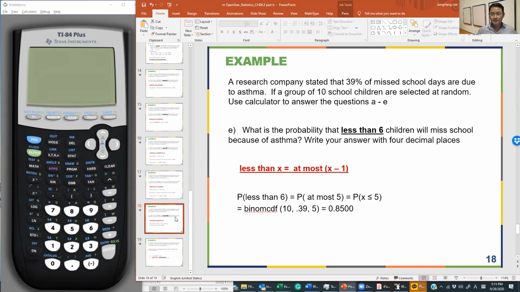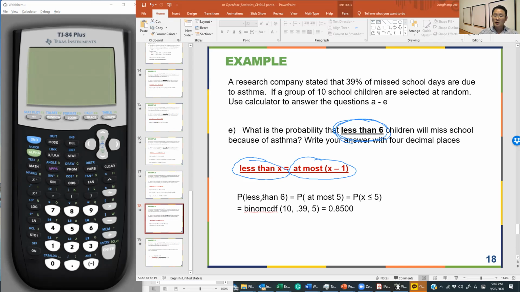What about this? What if the question says find less than 6? How do you find less than 6? Well, less than x is the same thing as at most x minus 1.